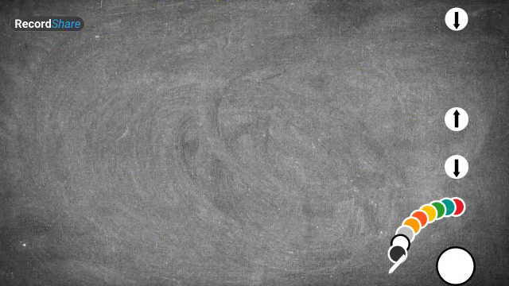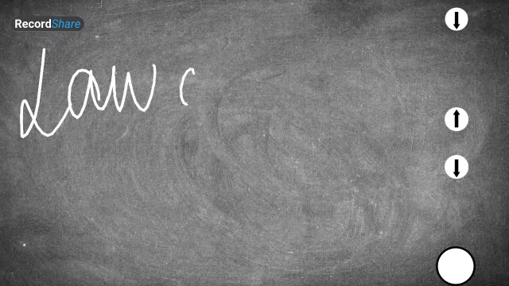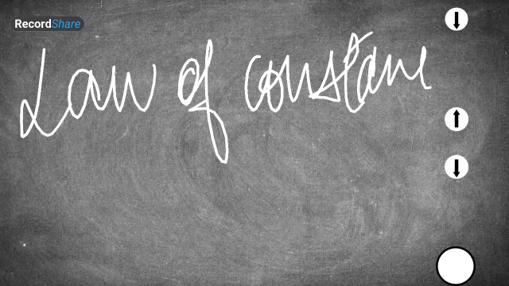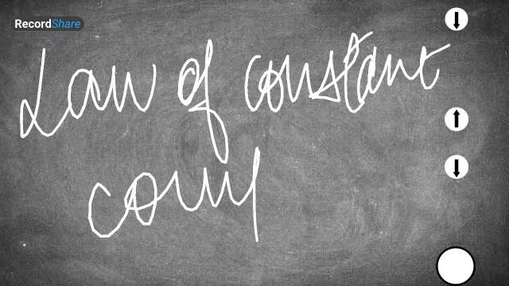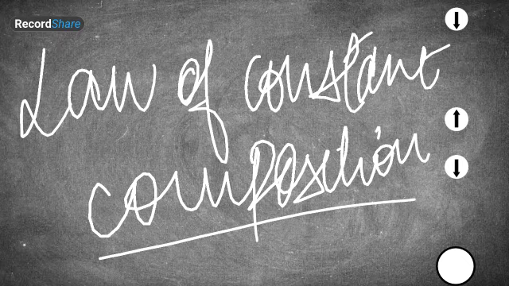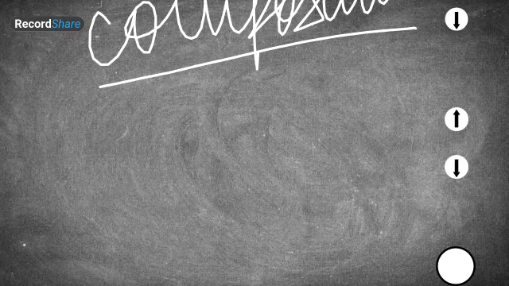So next, let us see the second law of chemical combination, that is law of constant composition.